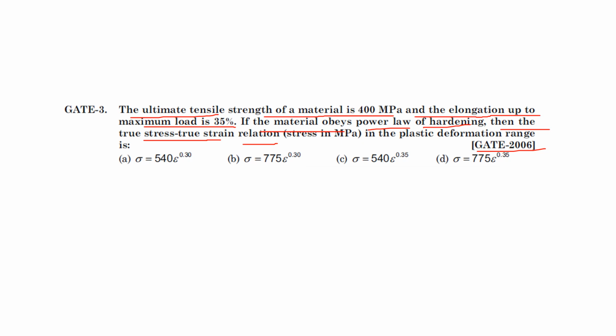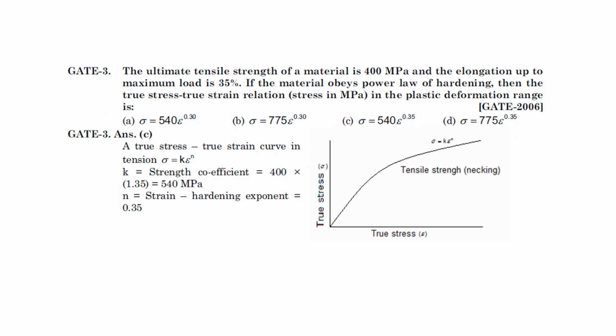We have to multiply 400 with 1.35, since it is increasing by 35%, so that will be our final strength, 540. And the exponent will be 0.35, the strain hardening exponent. So the answer will be C. Simple question, it looks complicated but it's not, it's a very simple question. Okay, let's see the next.